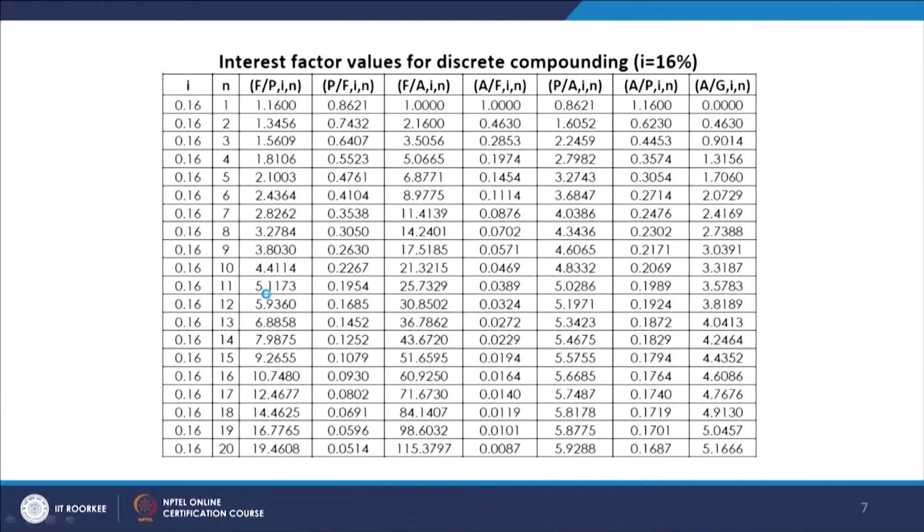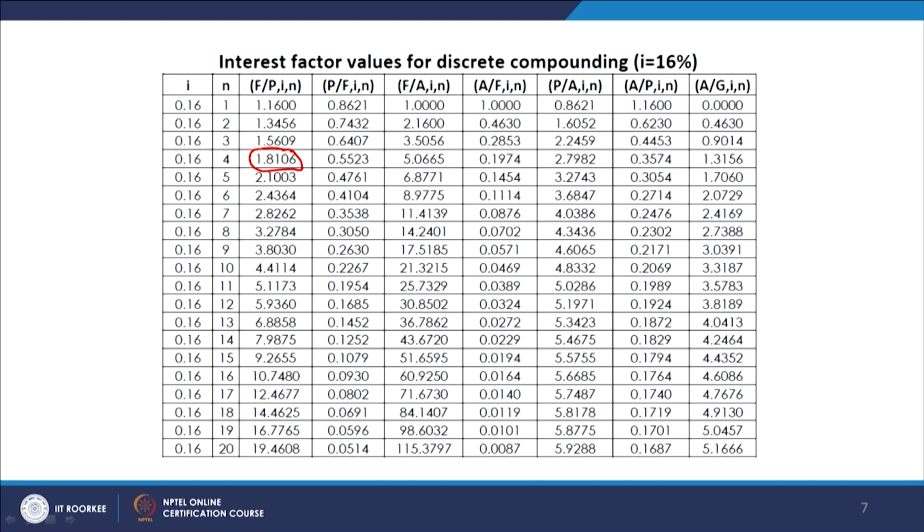Now, this is the single payment compound amount factor, F by P, i, n, and these are the tables which you can refer to. This table shows the 16% interest values, and in it the F by P, i, n factor for n equal to 4 gives the value 1.8106, that is 1.811 you can take.